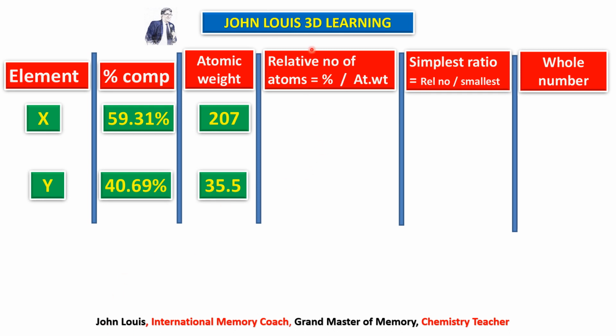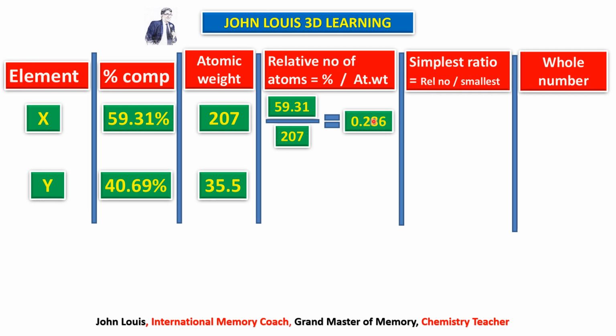Okay. Now, what is the relative number of atoms? We have to take the percentage composition in the numerator and atomic weight in the denominator and find the ratio. 59.31 divided by 207 is equal to 0.286. Here you can find it up to 2 decimals and correct it to the first decimal; you need not find 3 decimals.